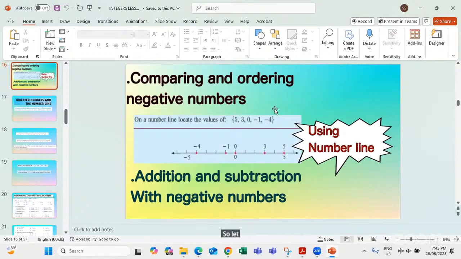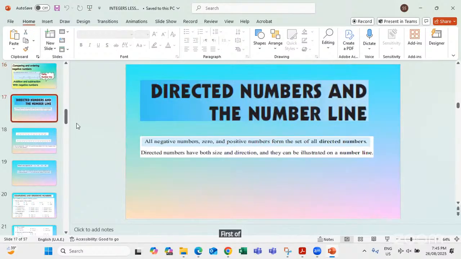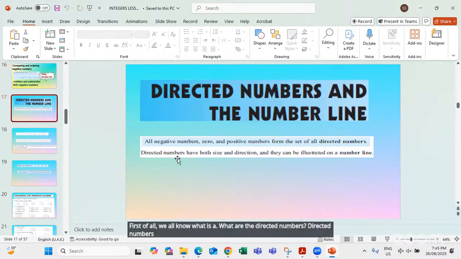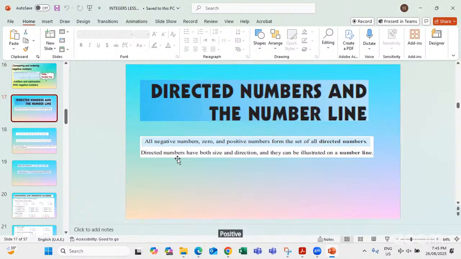So let's begin now. Comparison and ordering of negative numbers. First of all, we all know what directed numbers are. Directed numbers are basically another name for the integers, positive numbers and negative numbers.